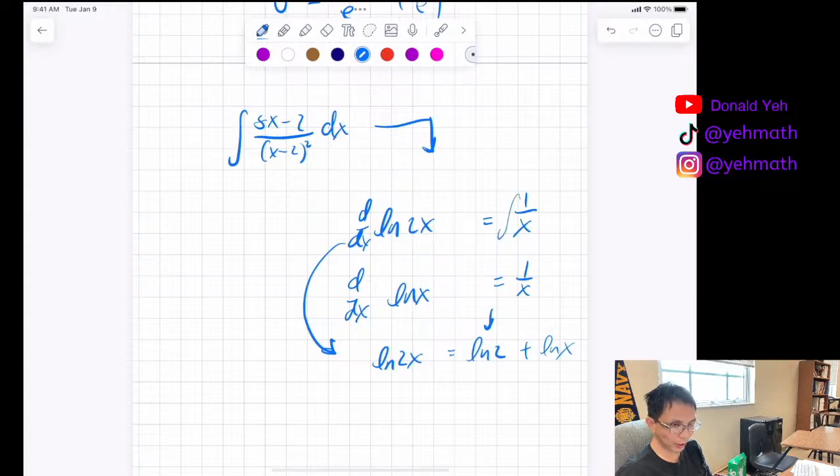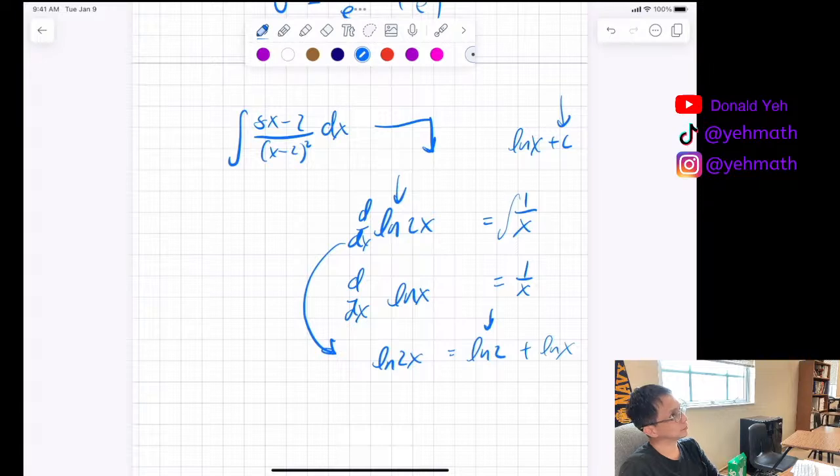If you integrate 1 over x, it's just going to be natural log of x, but plus C, right? There's a C. They take into account natural log of 2. And like when I said the integral of 1 over 2x, you can take out 1/2, and then do 1/2 ln x. Or if you do u substitution, it would be 1/2 ln 2x, I want to say.